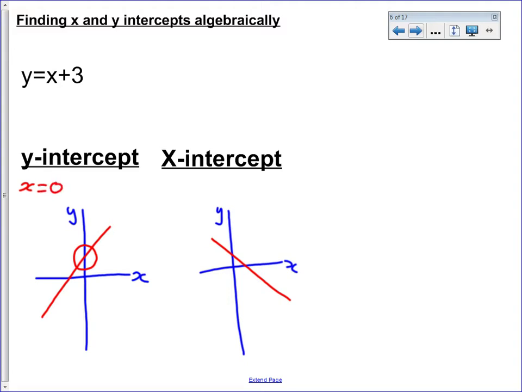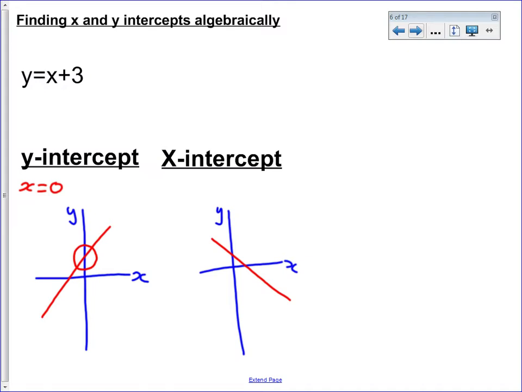Make sure you know why the y-intercept has an x-coordinate of 0. If we go down, we can see that the line cuts the y-axis at x is equal to 0.